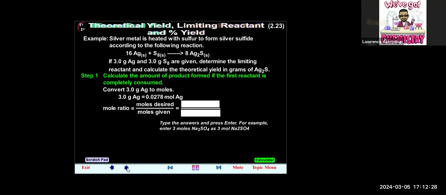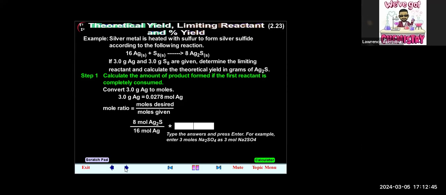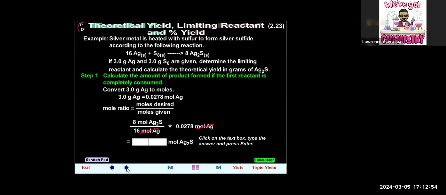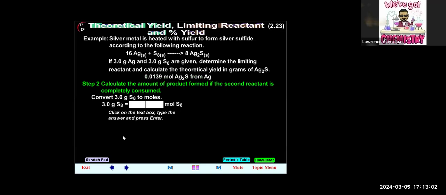Then use the mole ratio, which is the moles desired of the product over the moles given. Remember, you are using the silver, that is the first reactant here. That gives you 0.0278 moles, so the final answer here is 0.139.